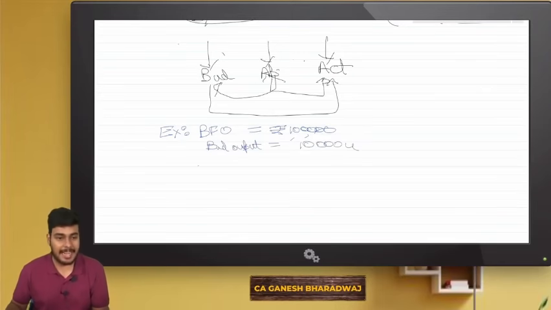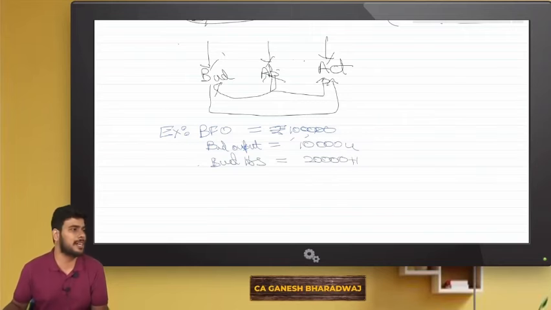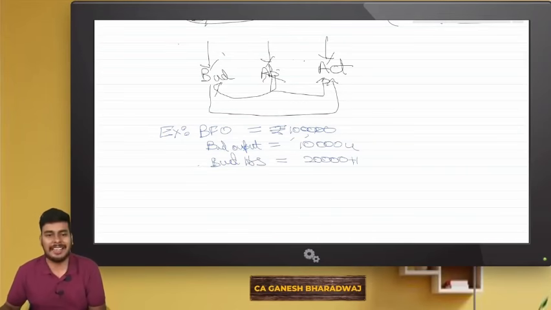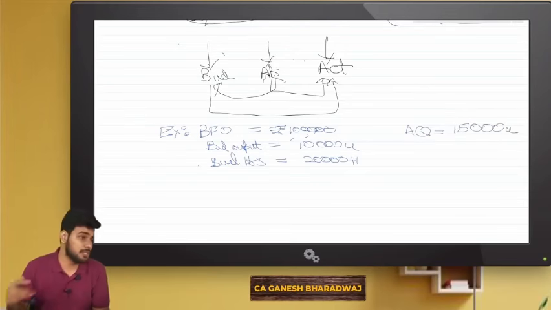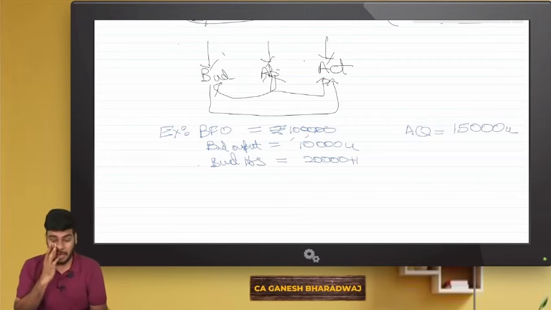And let us say the budgeted hours in total is going to be 20,000 hours. Meaning, for every unit, you can take 2 hours. Correct? And they have also given you that the actual quantity is 15,000 units.